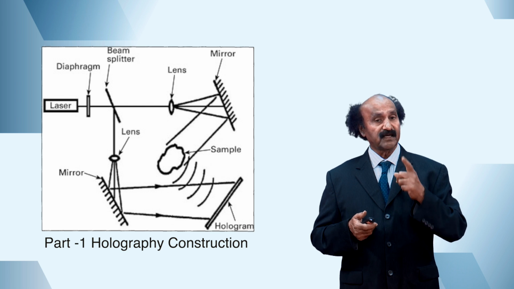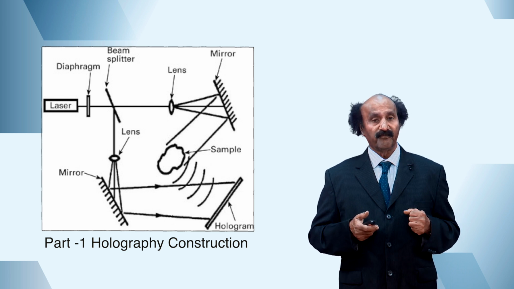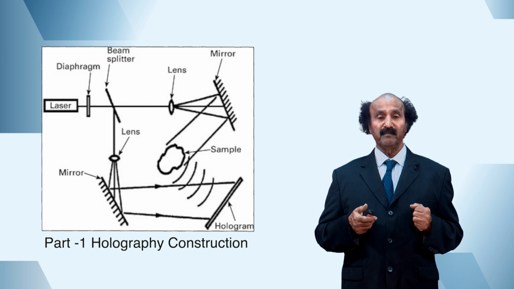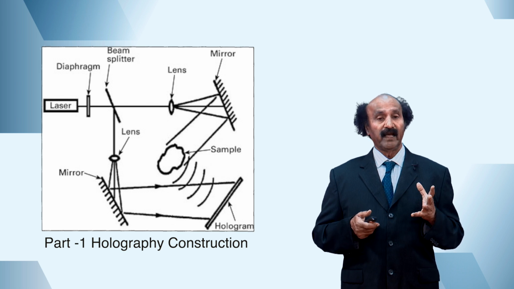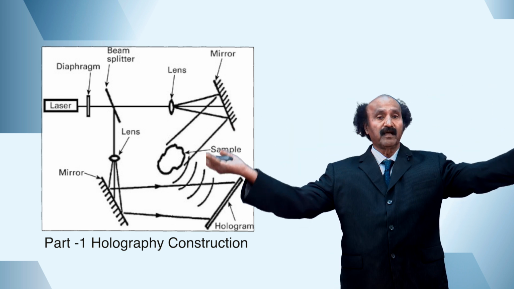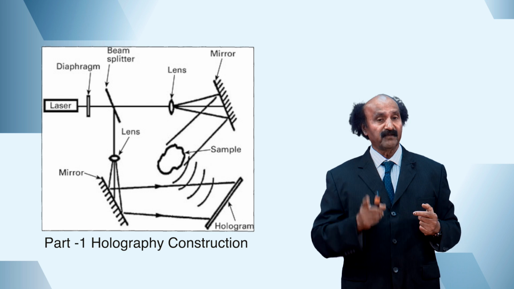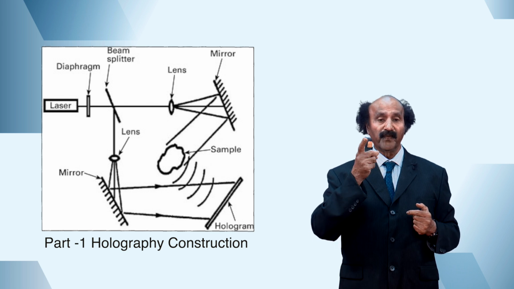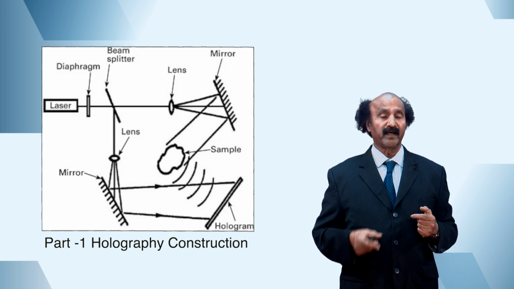Then look at this picture. You will have a scattered beam from the object. That beam is called the object beam. It will always produce a spherical wavefront. A part of the wavefront will fall on the holographic plate shown there.